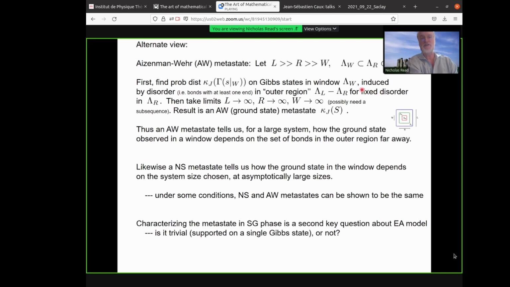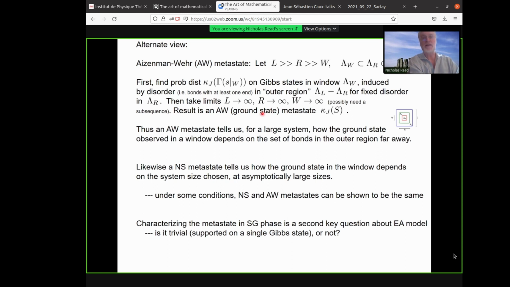As that disorder changes, we get different states, which we can see in principle in the innermost region, lambda W. So that's some probability distribution on these states. Then we take limits that keep the sequence of the inequalities of the sizes consistent, L to infinity first, then R to infinity, then W to infinity. The result of that is the Ising and Wehr metastate.